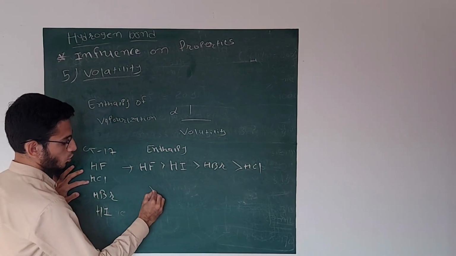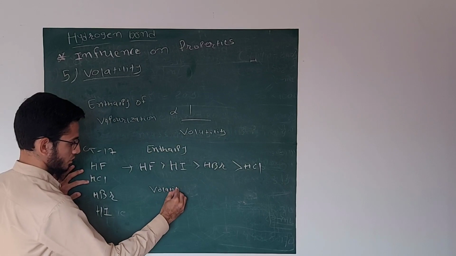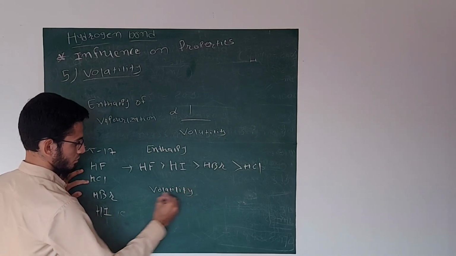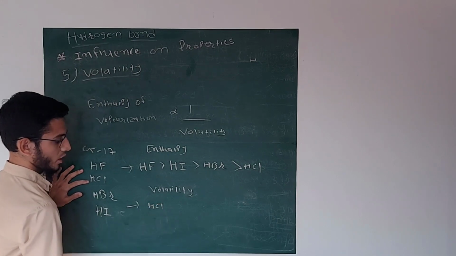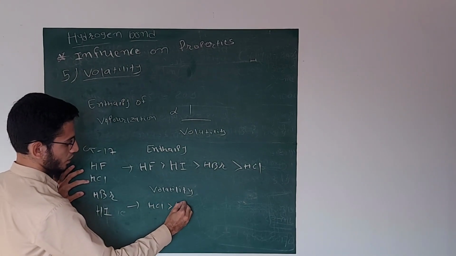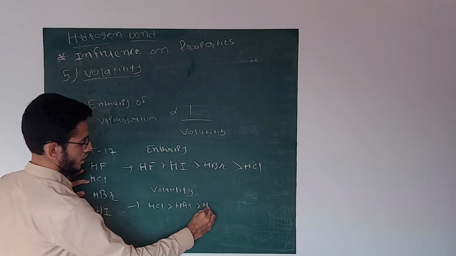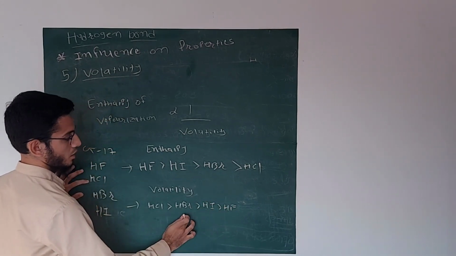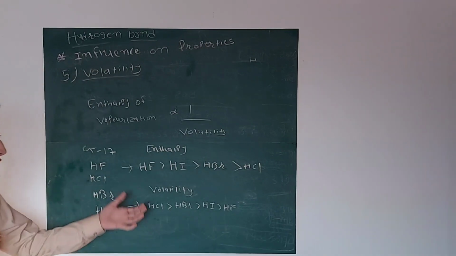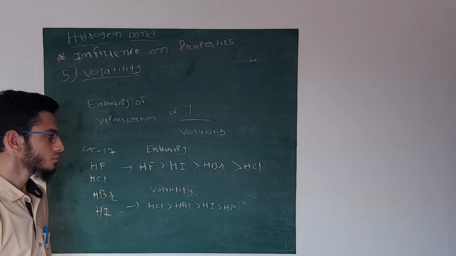And then for the volatility: first is HCl, then HBr, then HI, and then HF. So here is the order of volatility.